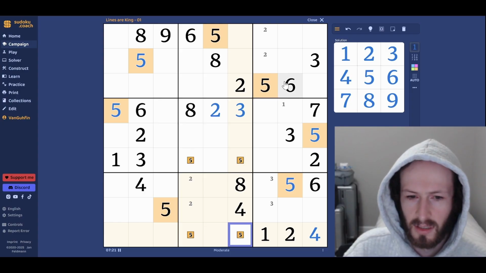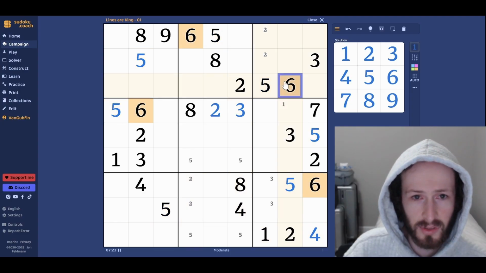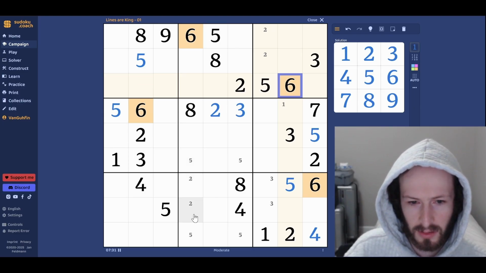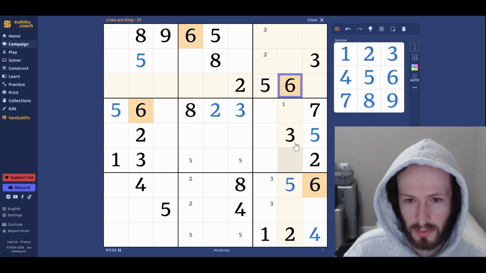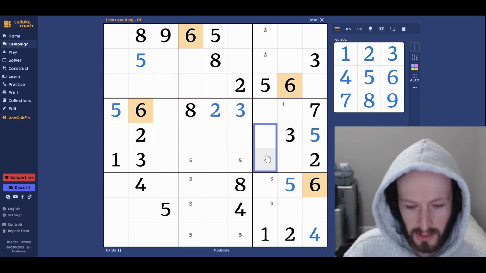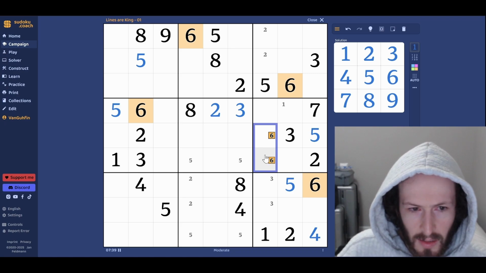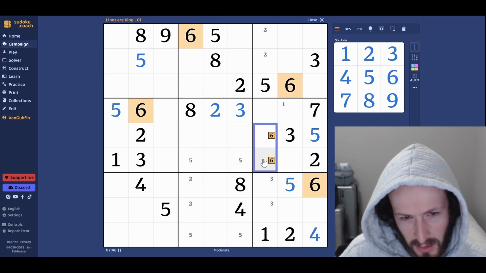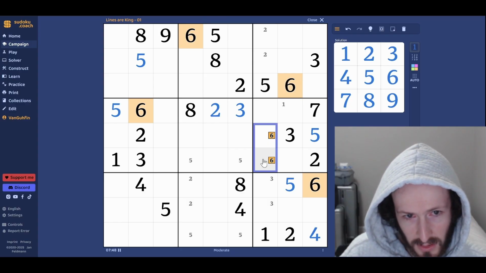Moving on to the number 6. 3, so I'm not going to annotate. Also 3. 4. One of these two is a 6. One of these two is a 6.